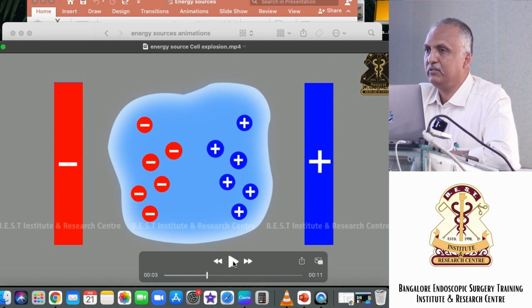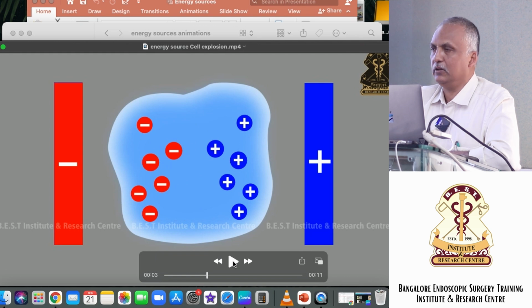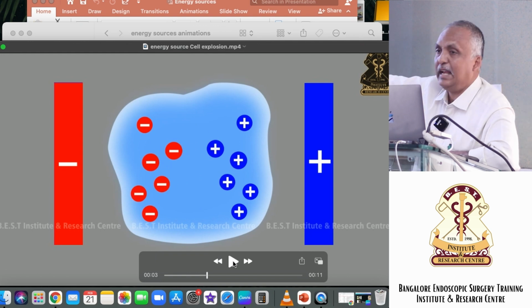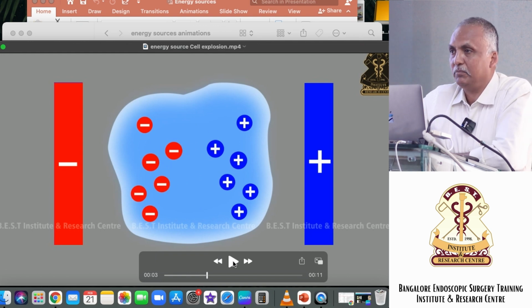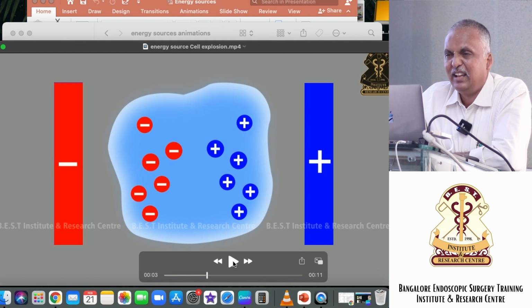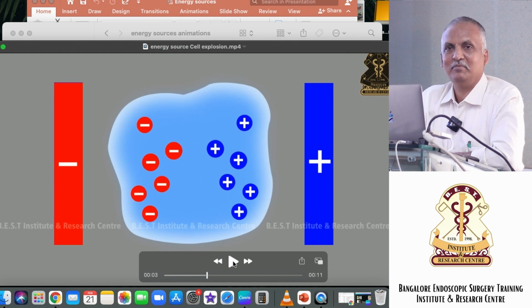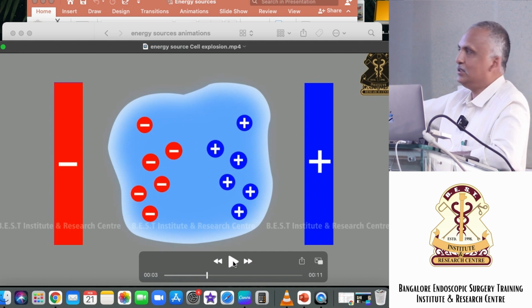Anions are negative ions. Can you name some of them? Chloride, sulfate, phosphate, bicarbonate, all these are negative ions. What are cations? Positive ions. Which are they? Sodium, potassium, magnesium, calcium. Those are the positive ions.